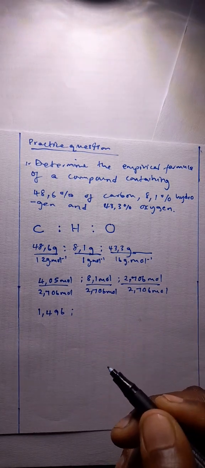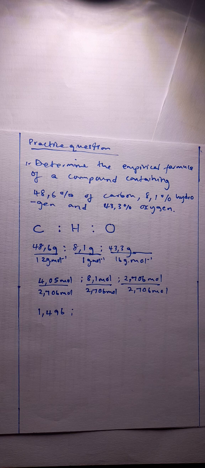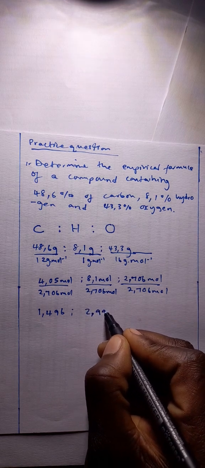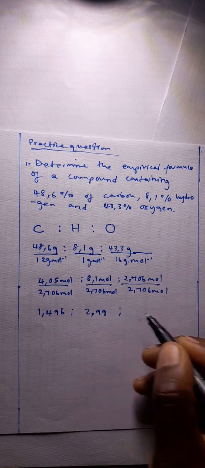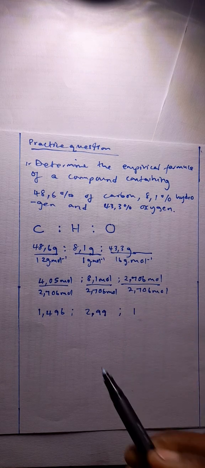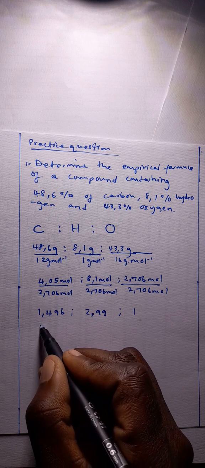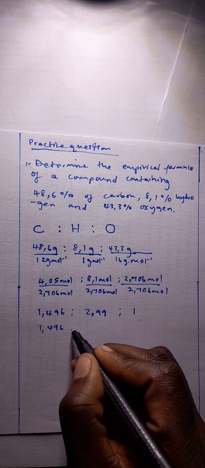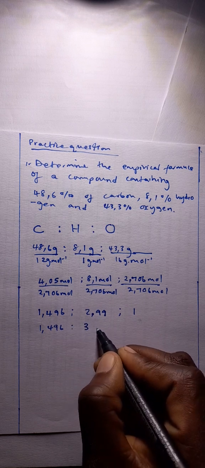For hydrogen, 8.1 over 2.706, I get 2.99, and for oxygen I get 1. Can you see that this is 1.496? This is not 2, guys. Then this is 3, this is 1.